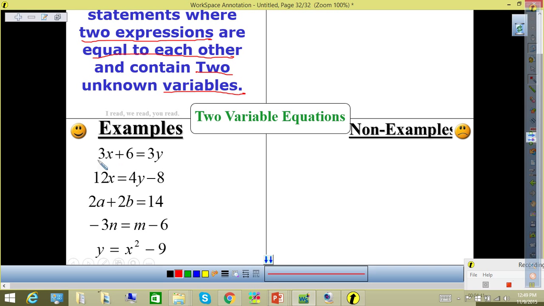So let's see. Expression, expression equal to each other, two different variables? Yes. Same here. Expression, expression equal to each other, two different variables? Yes. Expression, expression equal to each other? Yes. Two different variables? Yes. And so on and so forth. Straightforward, right?